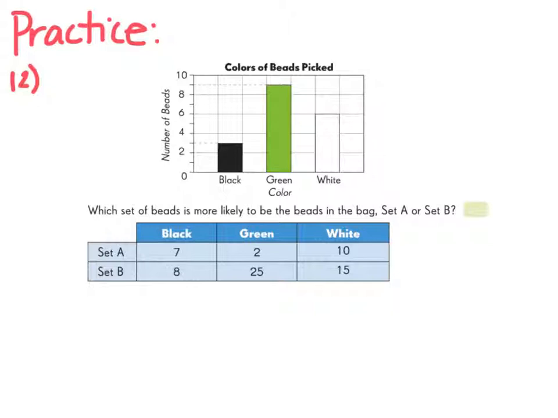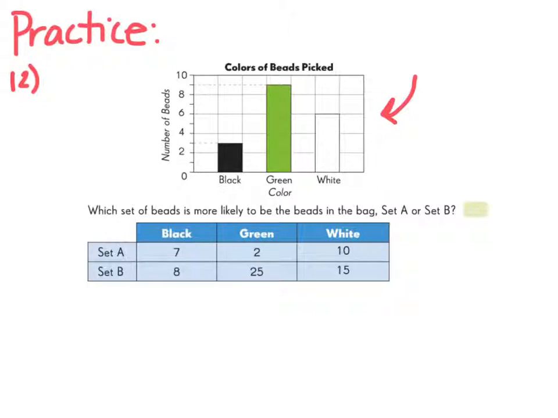Okay, how are you going to calculate this? Here's what I suggest. Use the data that Rosa actually collected on this chart to calculate the experimental probability of drawing black, green, or white.